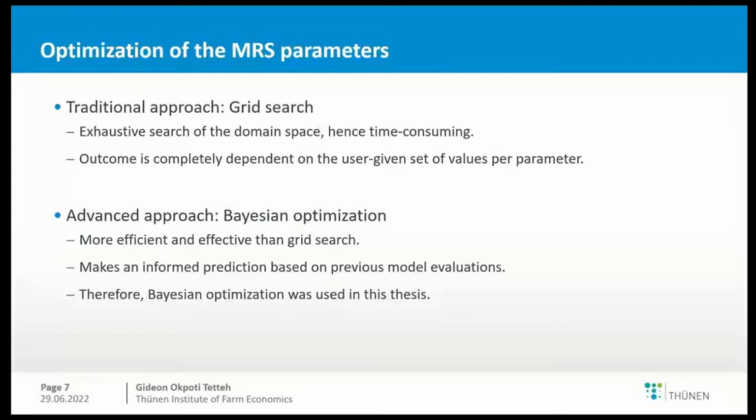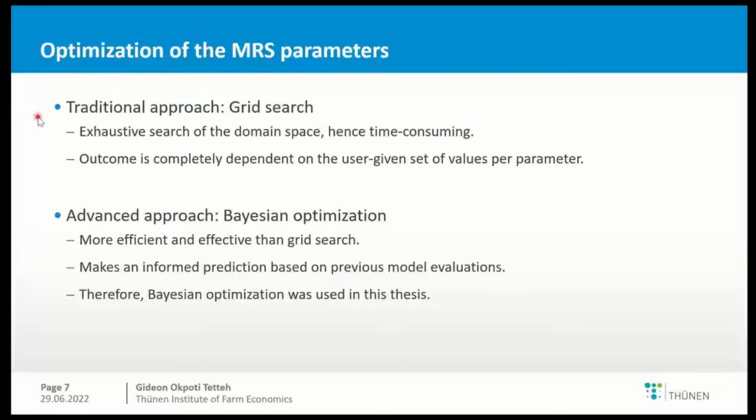Then comes the question of parameter optimization, and the traditional approach to parameter optimization is grid search. Grid search basically is a very exhaustive search, doing all manner of possible combinations, and it tries to identify the combination which is the optimal.